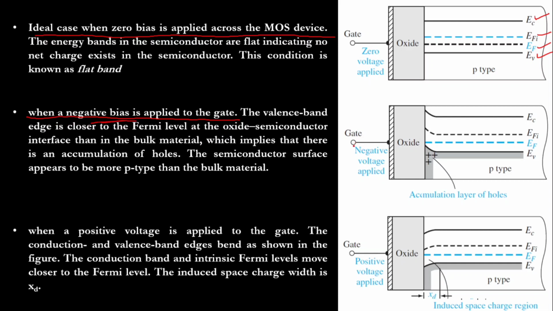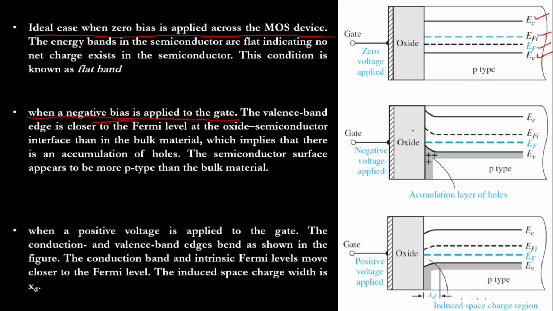In the previous case, if you remember the explanation, we initially applied a negative voltage. What will happen when we apply a negative voltage? The oxide layer is experiencing an electric field. That electric field will cause attraction of holes from the semiconductor, right?